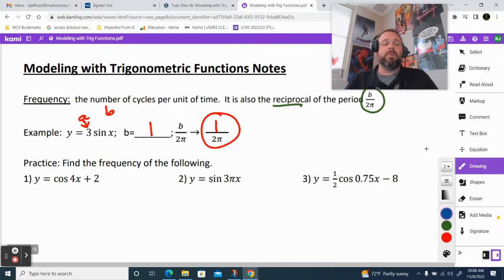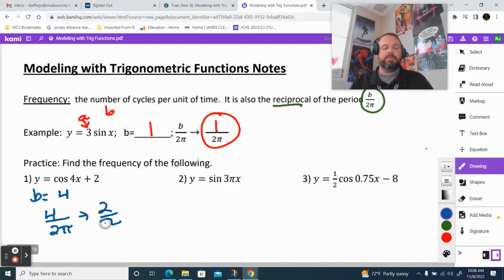So moving on. Number 1, what is our B right here in number 1 for our practice? 4. Okay, so if we plug this in, this would be 4 over 2 pi, which is 2 over pi. Super.